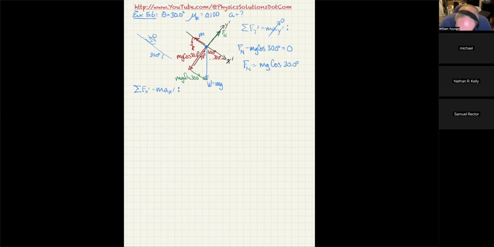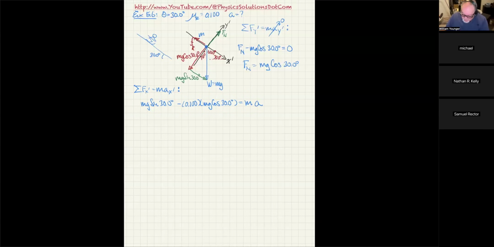The forces acting in the x direction are the mg sine 30, which is positive, so that's going to be mg sine 30.0 degrees, minus the friction force, which for kinetic is just a straight formula, so that's going to be 0.100 times the normal force, which we just found was mg cosine 30.0 degrees. And all that's going to be equal to m times a.